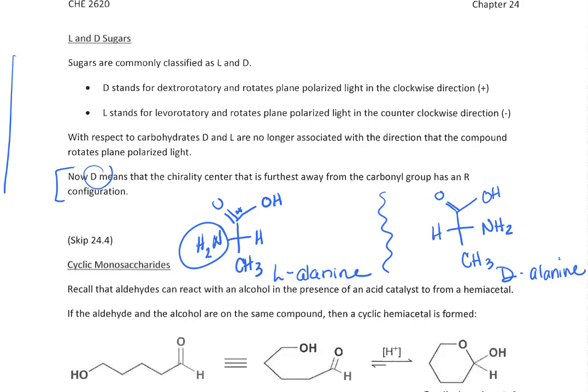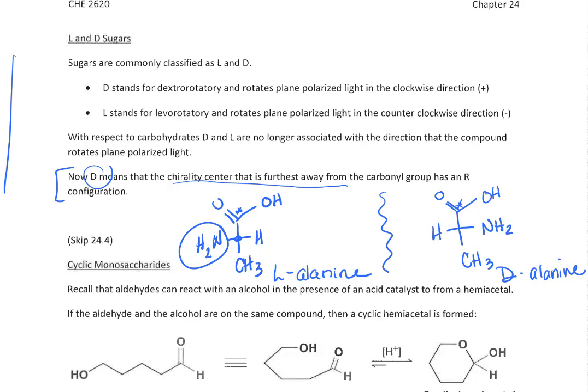So again, we're looking at the most oxidized carbon. When the most oxidized carbon is at the top, then we look to see where the chirality center is that's furthest away from the carbonyl group. In alanine it's a pretty small chain, so it's just this chirality center here.